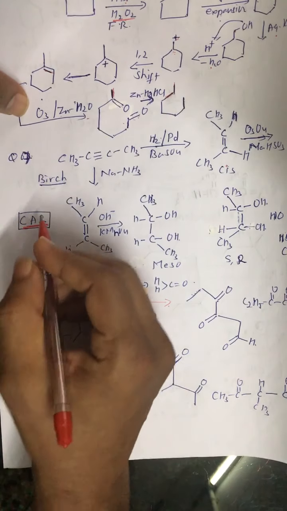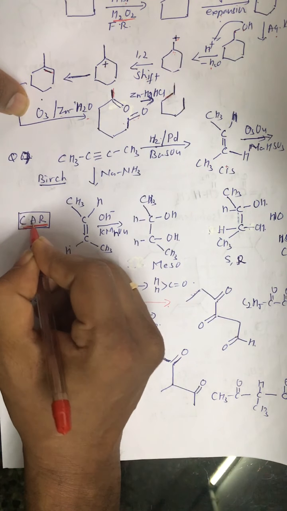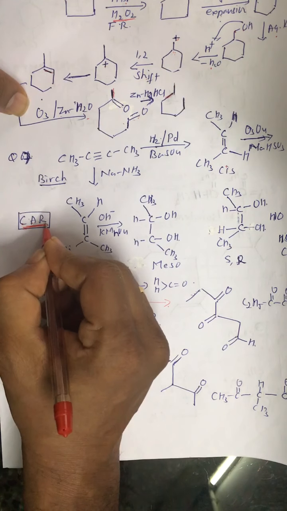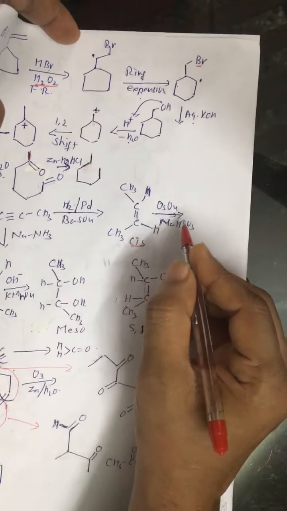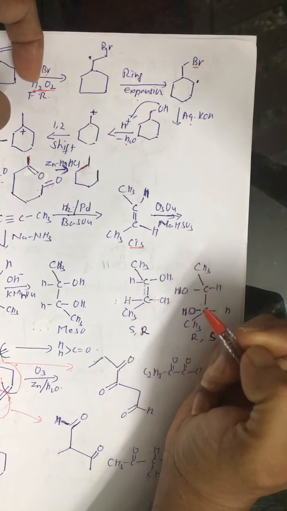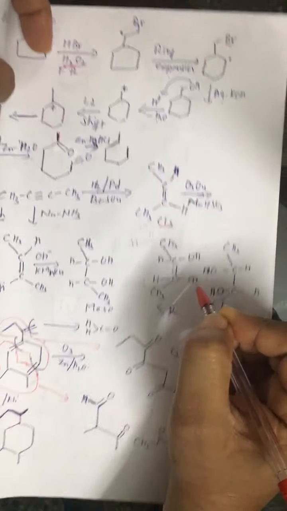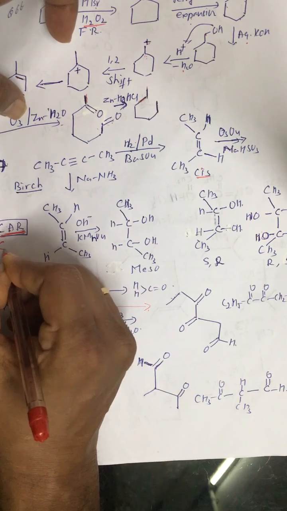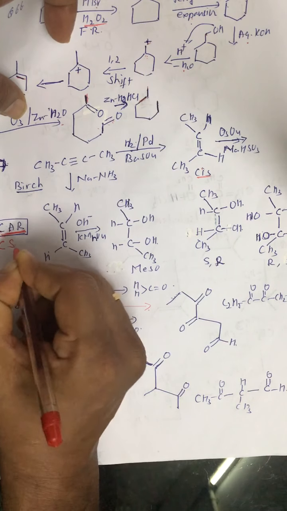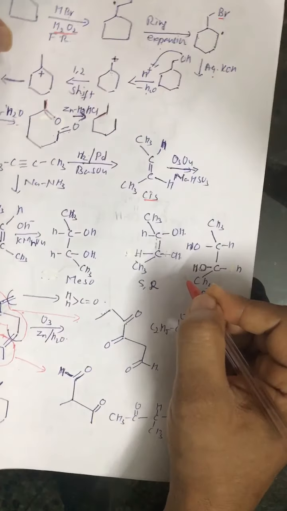C stands for cis, A stands for anti-addition, and R stands for racemic mixture. So this is cis alkene and osmium tetroxide. Osmium tetroxide is not anti-addition, this is syn addition. So if it is cis and syn addition, we get mesoform.